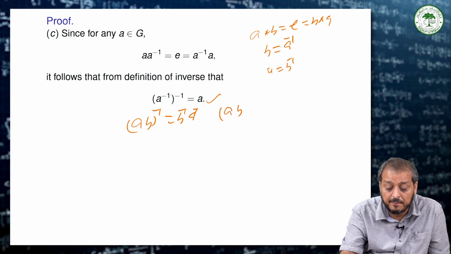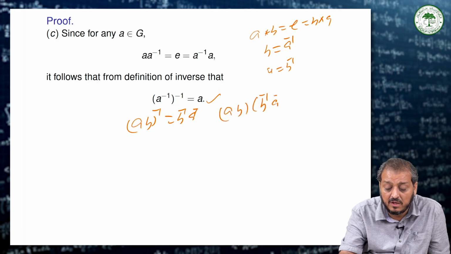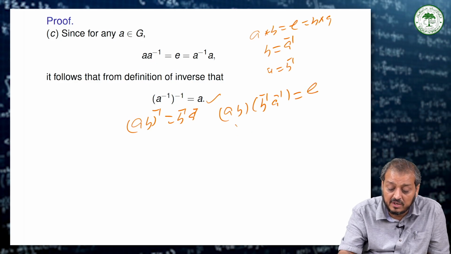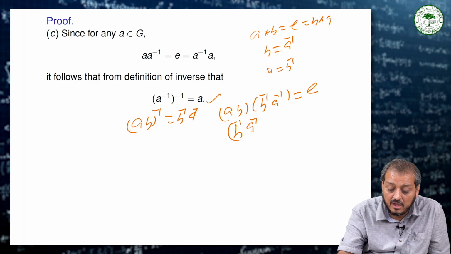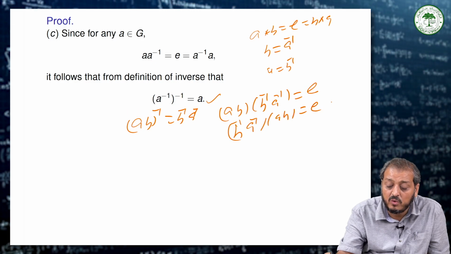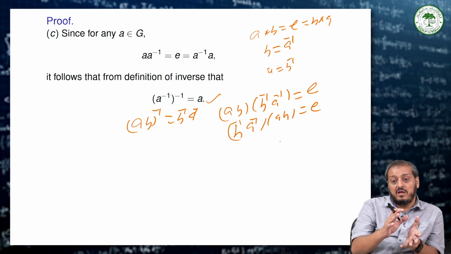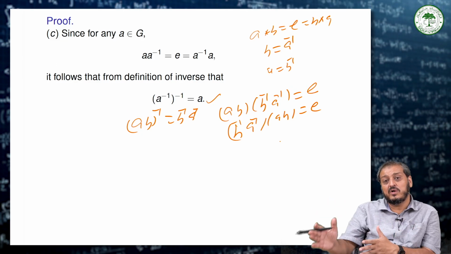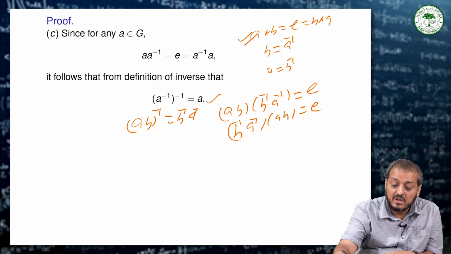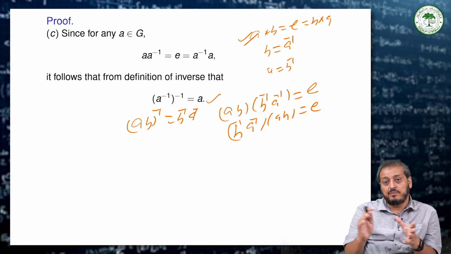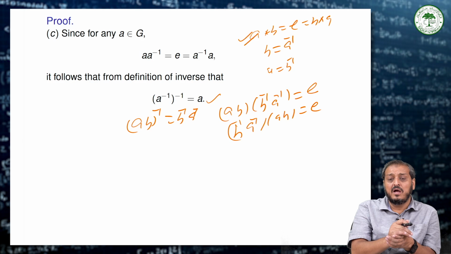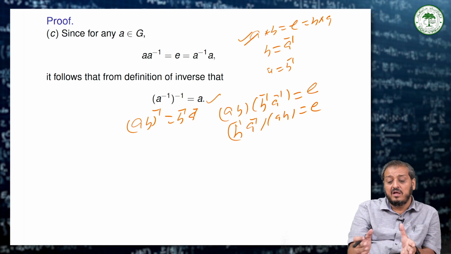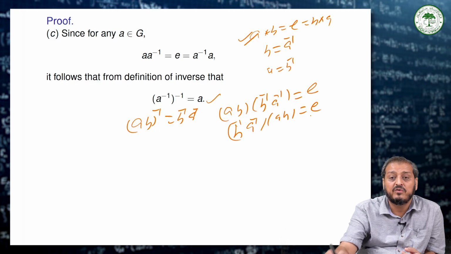We take AB composition B inverse A inverse, which should equal identity, and again we have to prove that B inverse A inverse composition AB is equal to identity. If we prove both are identity, then using the definition of the inverse in a group, we can say that the inverse of AB is equal to B inverse A inverse.